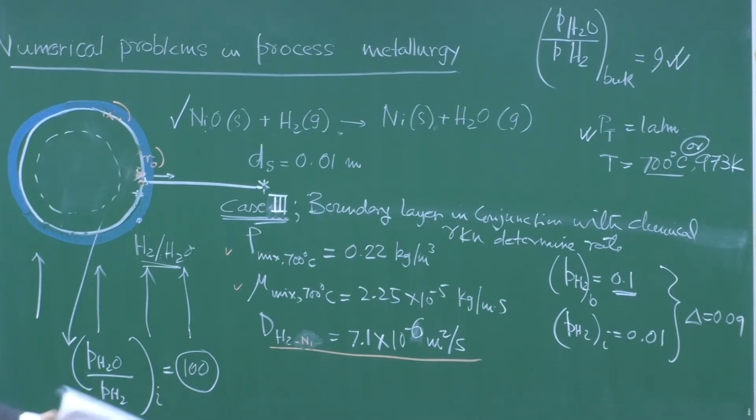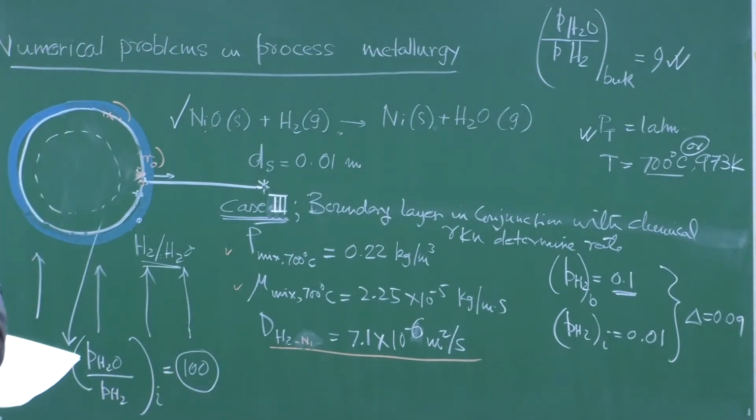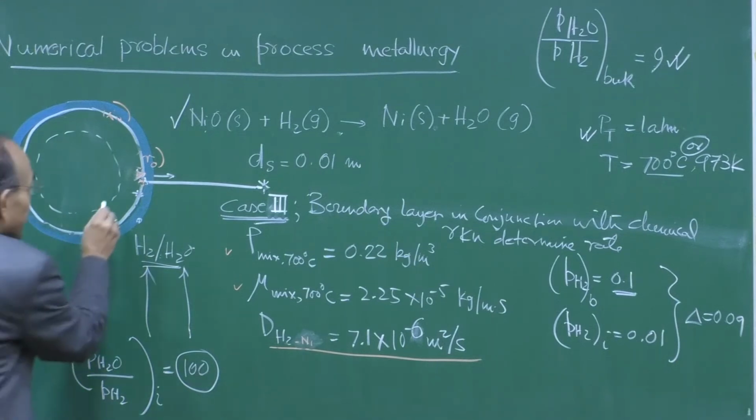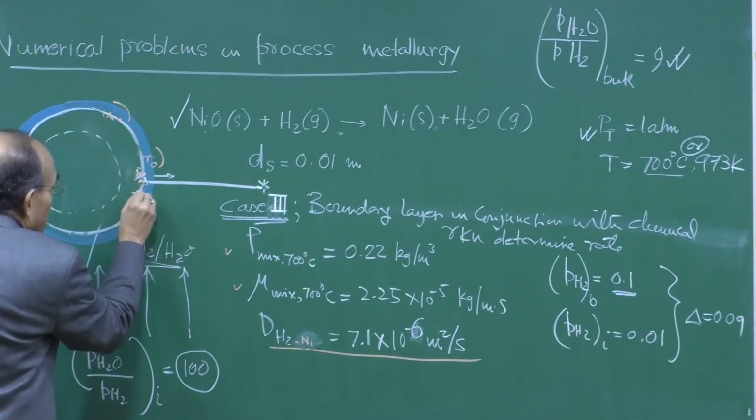Okay? I will just take 2 minutes and then I will wind it up for today, then we will continue in the next lecture. Now, the diffusion does not exist. The diffusion does not exist means that this concentration and this concentration are identical.